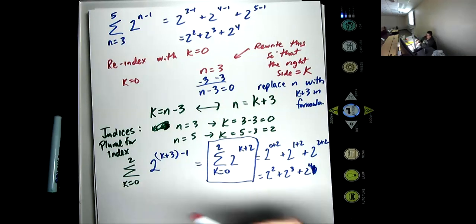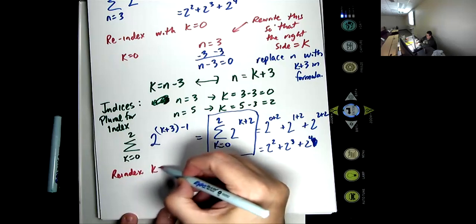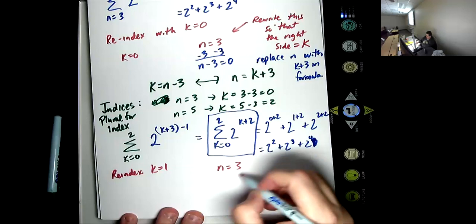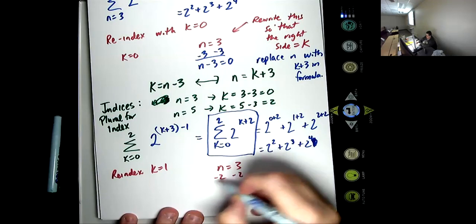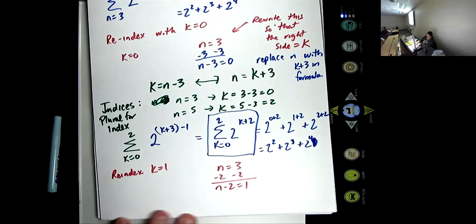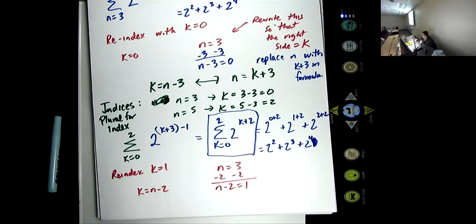If I wanted to re-index to k equals 1 instead, I would have had n equals 3. Subtract 2 from both sides, and I get n minus 2 equals 1. And now I could say k equals n minus 2. And we would start at 1.